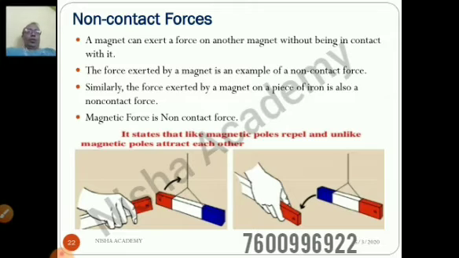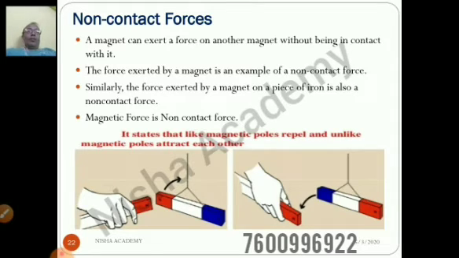When you keep a north pole near a north pole, it is repelled away. Now in this activity, what you observed, are these poles in contact with each other? No, they are not in contact with each other. The force exerted by the magnet is an example of a non-contact force.